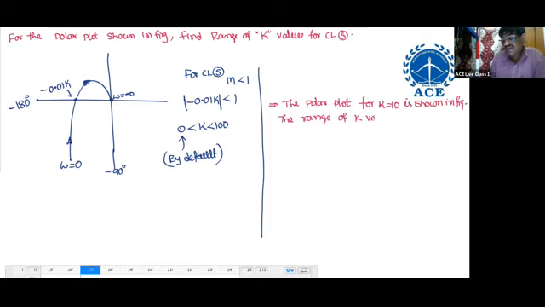The range of K value for closed loop stability is. Draw the plot.